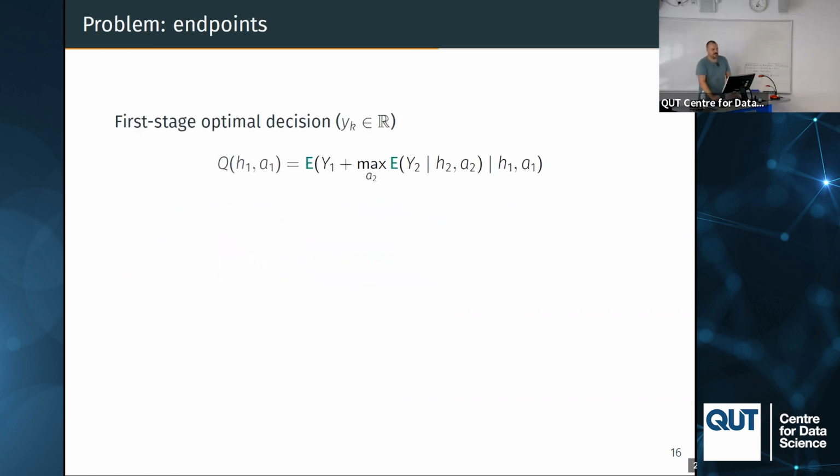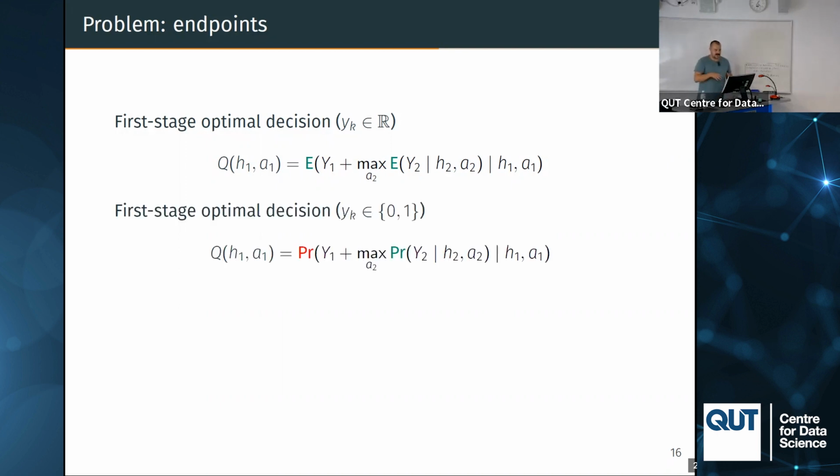So the problem is that, like I just showed before, we can have this first stage optimal decision with a continuous outcome, and it's this nice nested expectation of an expectation, and that makes sense. But once we start thinking about binary endpoints, we end up with this strange scenario where we can come up with the optimal second stage decision, and that's maximizing the probability of survival.